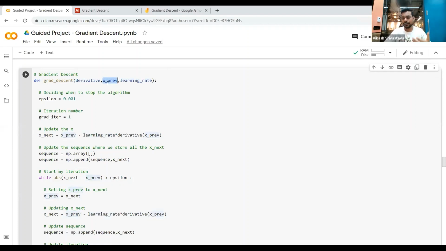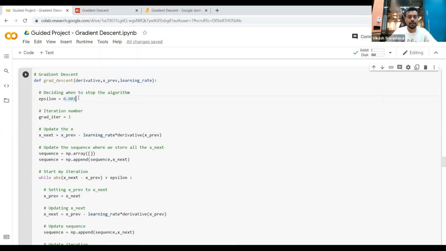Because in this case, we need to provide to this function where we want to start off, right? That will be supplied here in x prev, and we also need to provide the learning rate that we are going to use. Of course, we'll play around with different values of learning rate, so I have kept it as a function argument.